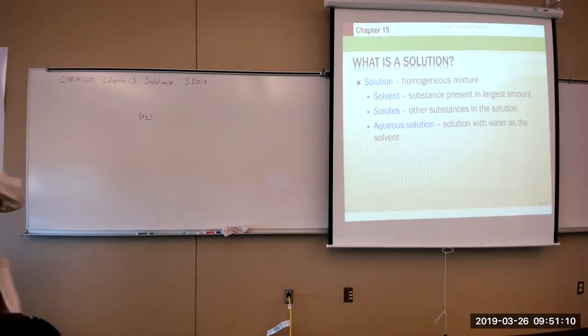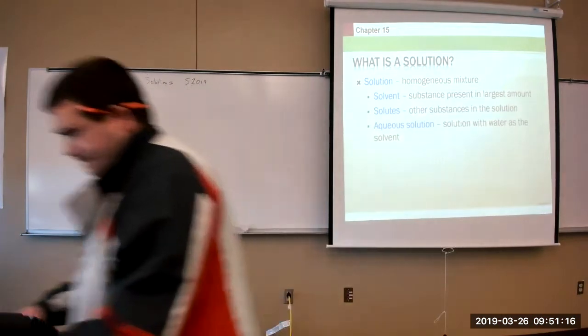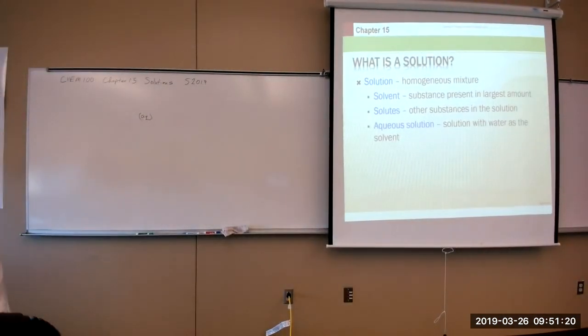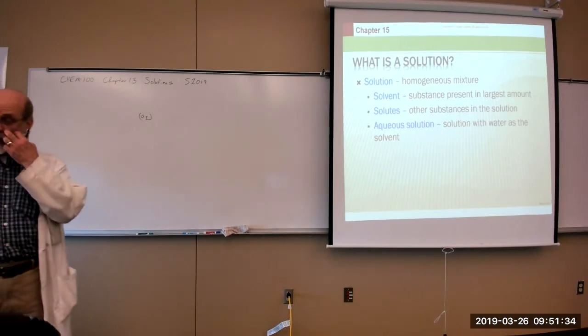Even if you make a solution with a solvent that's a major component, and you start off with a minor component, a perfect example is table sugar, sucrose, in water.